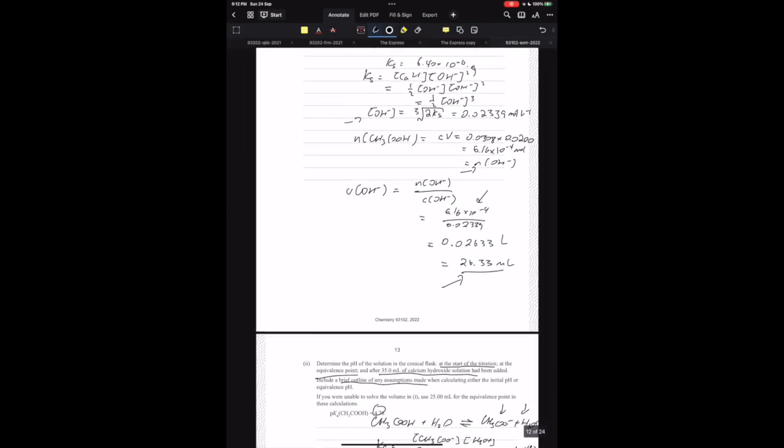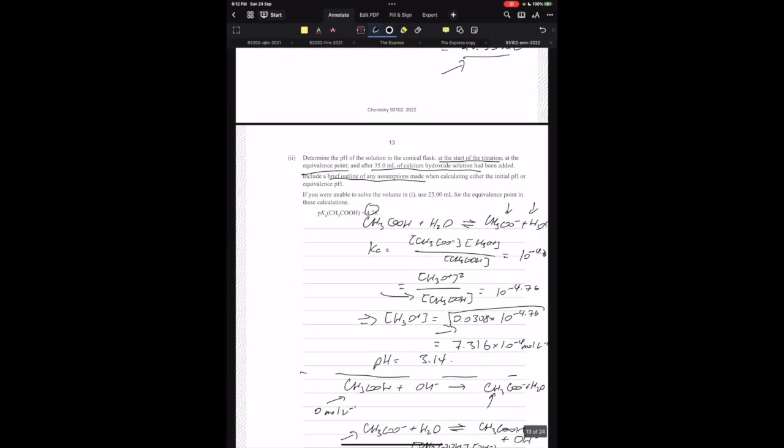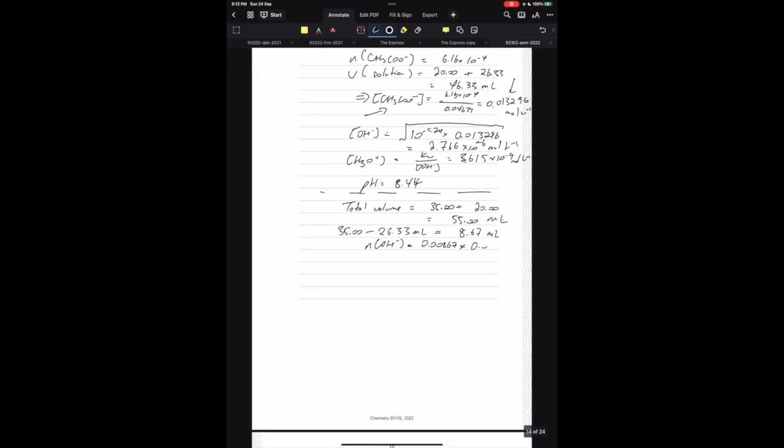Oh, there we go. 0.02339. So what does this give us? 0.00867 times 0.02339 is 2.0228 times 10 to the negative 4 moles.